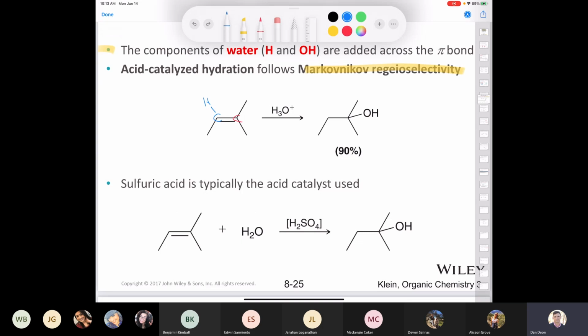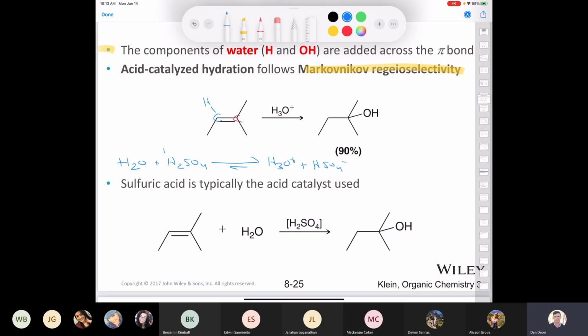Now remember, the reason why we write H3O plus is because when we put sulfuric acid in water, the equilibrium is going to lie hard to the side of hydronium plus the conjugate base of sulfuric acid. Why?